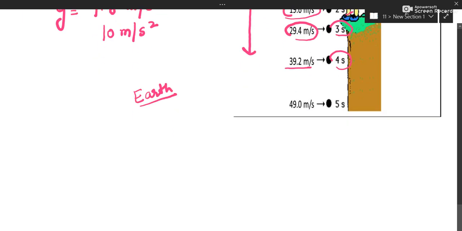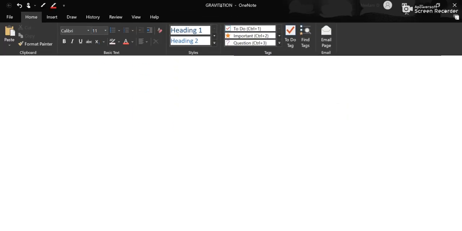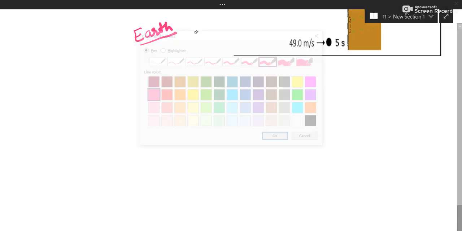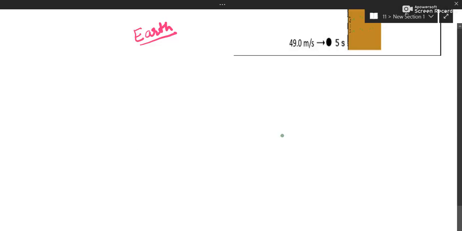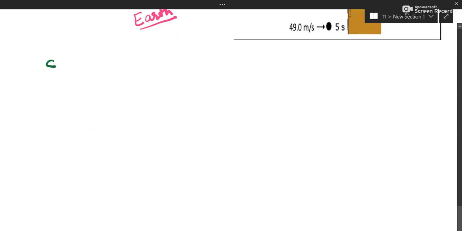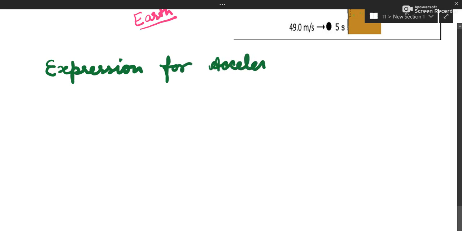Okay, now we have to obtain the expression for acceleration due to gravity. So let us do that. Expression for acceleration due to gravity.